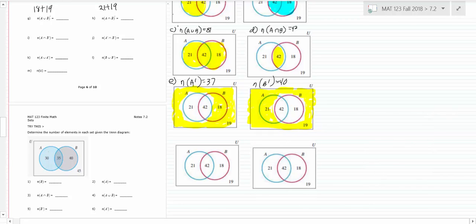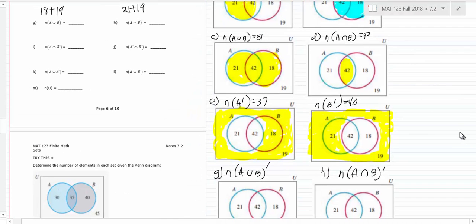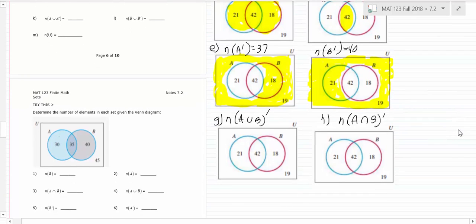The next one we get into is G. In G, we're looking for the number of elements in A union B complement. Okay, and these problems are going to start getting a little harder. And then H is going to be the number of elements in A union B complement, or A intersection B complement. Okay, so I'm going to zoom in on this a little bit. Then we'll look at our diagram and try to figure out what we're doing on this.